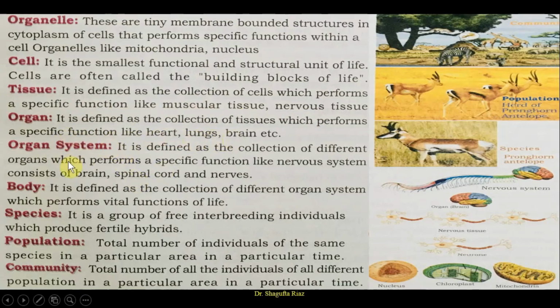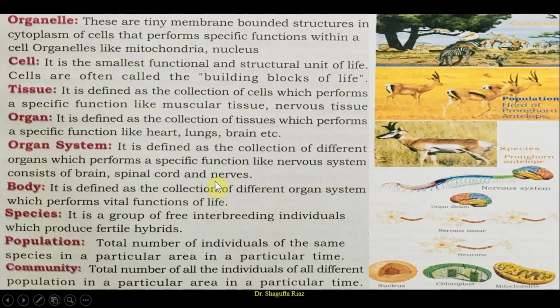And when a number of different organs perform the same specific function, then they form an organ system, like our nervous system, which consists of brain, spinal cord, and nerves, right?